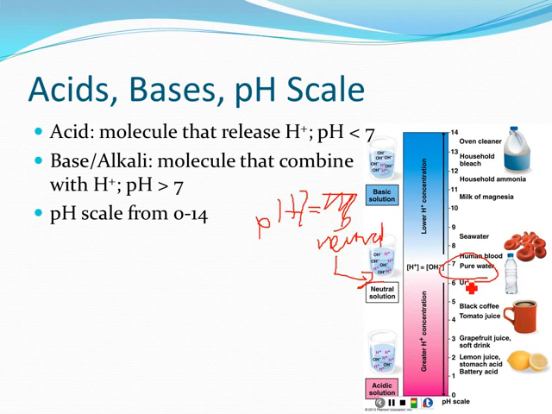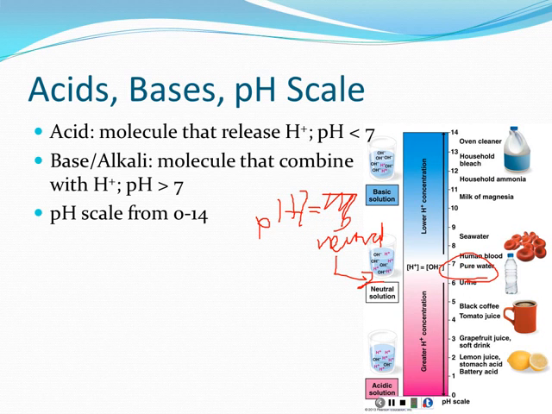It's water. Water is neutral. The pH scale goes from 0 to 14. So 0 being what? The most acidic, while 14 being the most basic or alkaline.